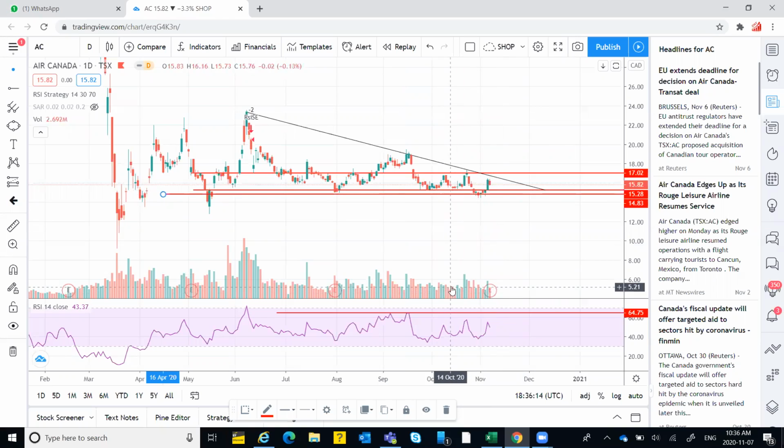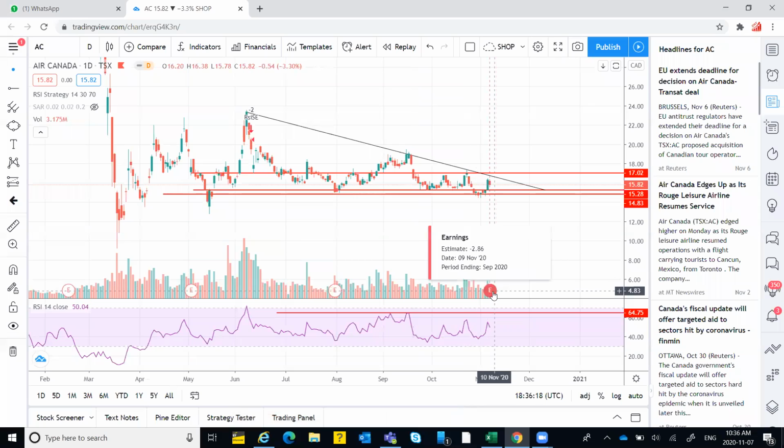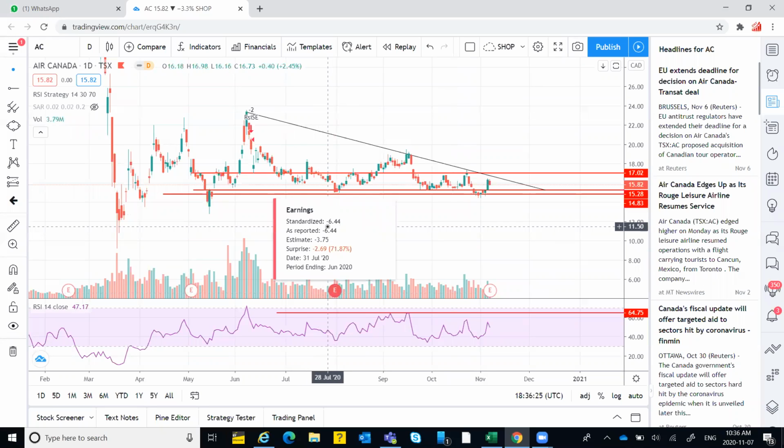Although these days the volumes are average, and we have the earnings on 9th of November, which is negative 2.86 as compared to previous negative 6.